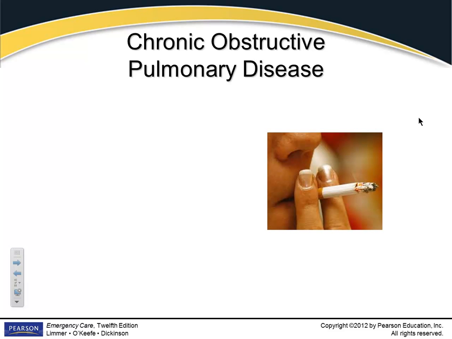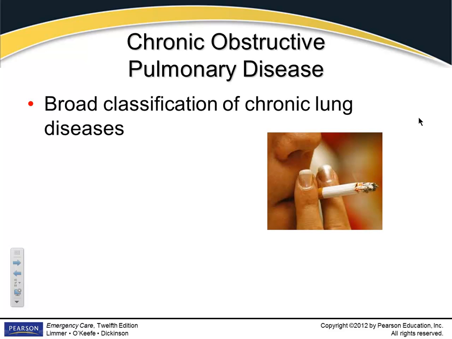All right, COPD. What's the most common cause of COPD? If you've ever known anybody with COPD, I'm telling you, you do not want to be a cigarette smoker. When we say COPD, chronic obstructive pulmonary disease, it can also be diseases. This is several diseases rolled into COPD.